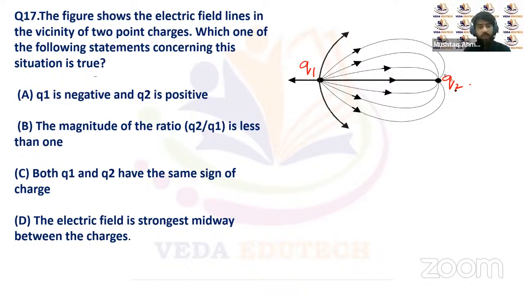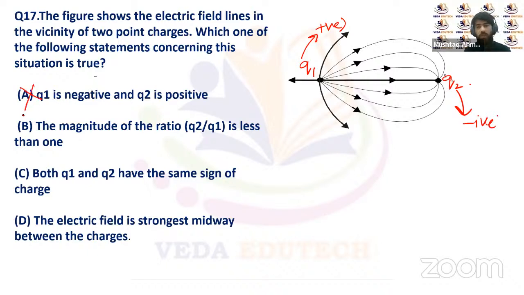So option number one says that Q1 is negative and Q2 is positive. You can see the electric field lines originate from the positive charge and terminate on the negative charge. It means that Q1 has to be a positive charge and Q2 has to be a negative charge. So Q1 cannot be a negative charge. It's an incorrect option.